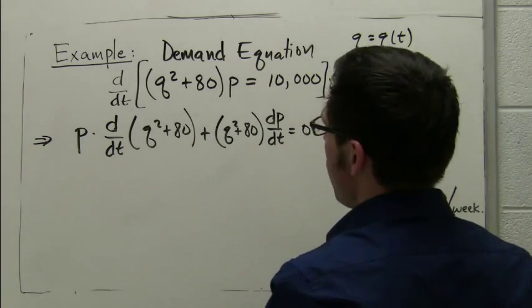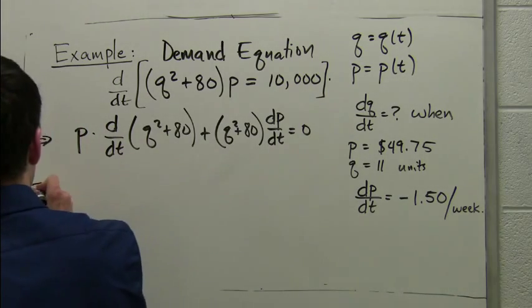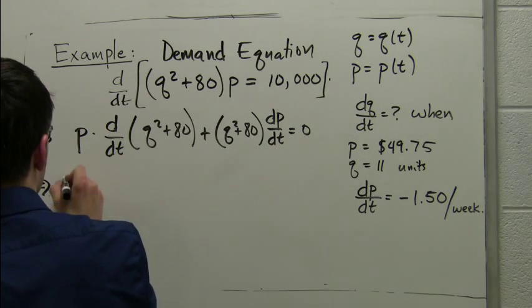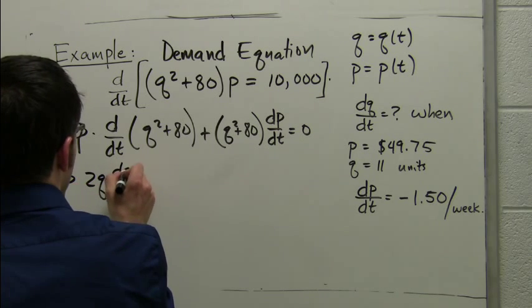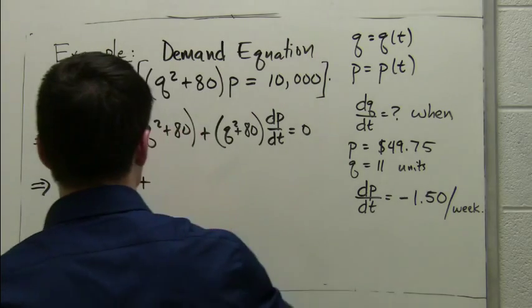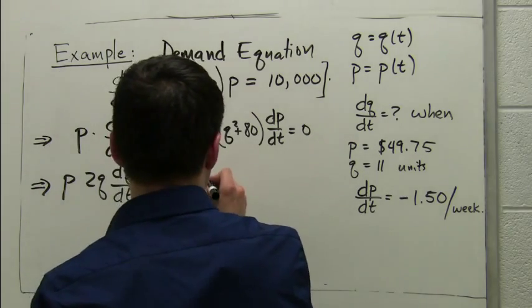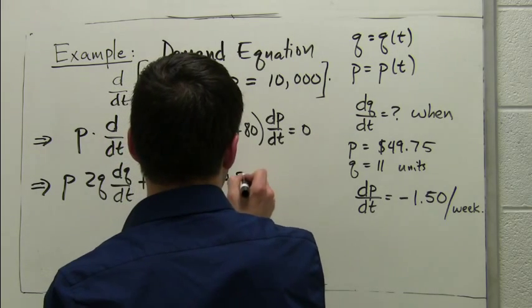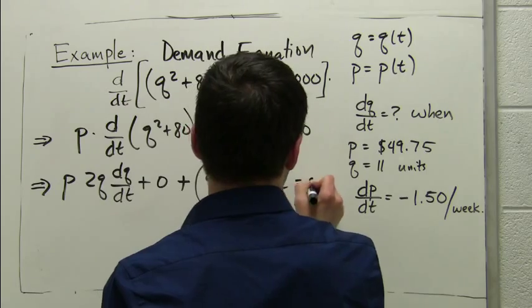Okay? And now I can just take the derivative of this part and expand a little bit. So when I do that, I'm going to get P times 2q dq/dt, plus 0, plus, this is going to be (q squared plus 80), all multiplied by dP/dt, is 0.